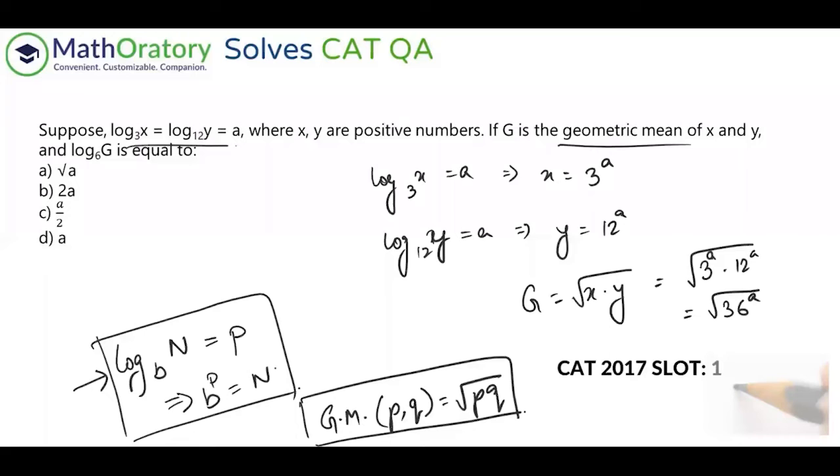Now, square root of 36, see, when it comes to indices, this kind of thing is very important to understand. It's a very simple idea. Do not get confused with it. I hope you know that a to the power b whole to the power c is a to the power b into c, right? Just using this idea, I can always do something like this without even thinking twice.